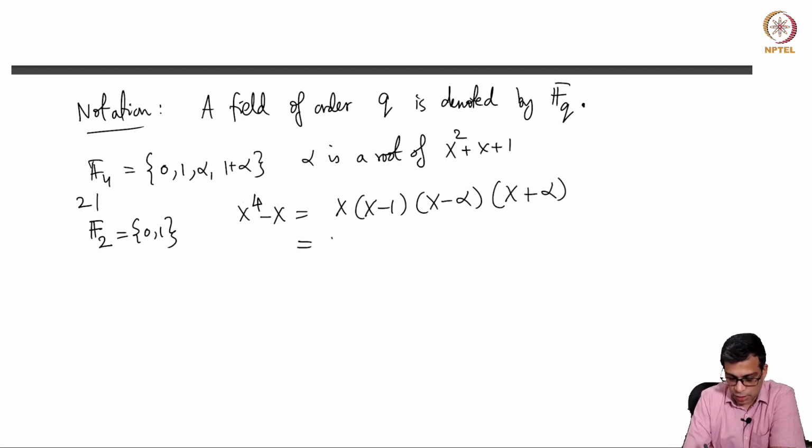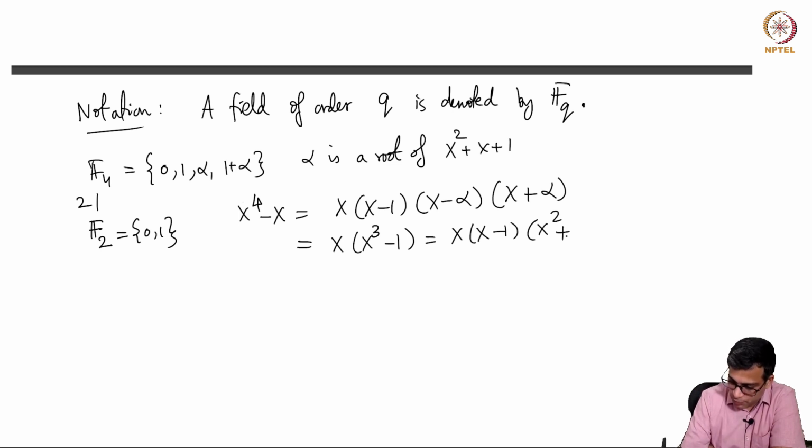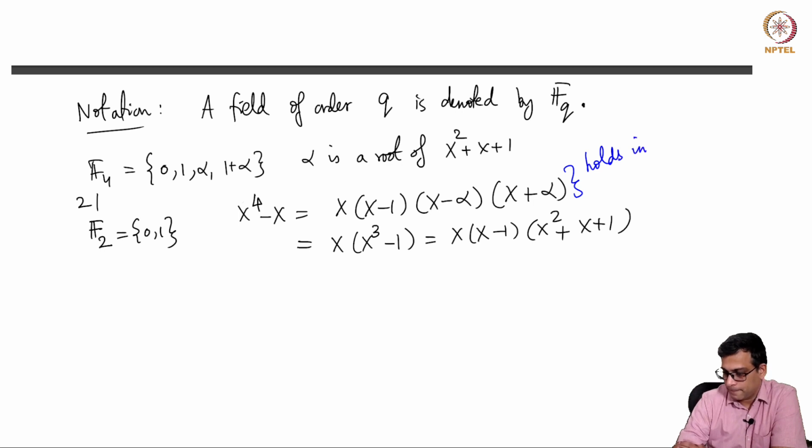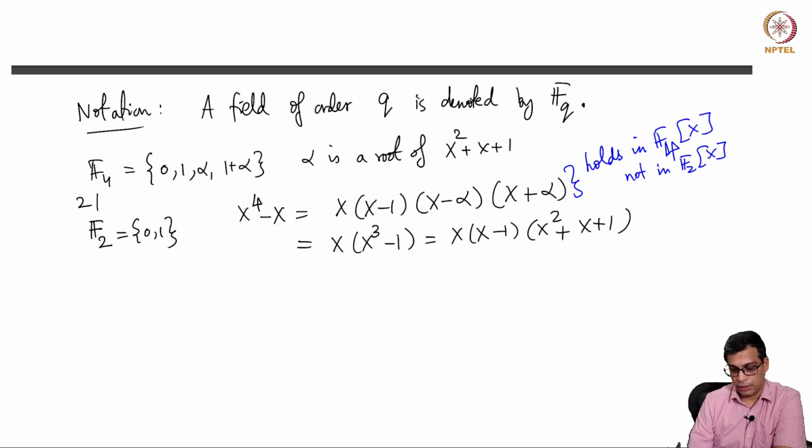This is how it is, but we factor x power 4 minus x usually as first x times (x cubed minus 1), then x times (x minus 1) times (x squared plus x plus 1). I should really write that this holds in F4[x], not in F2[x], because alpha is not in F2.